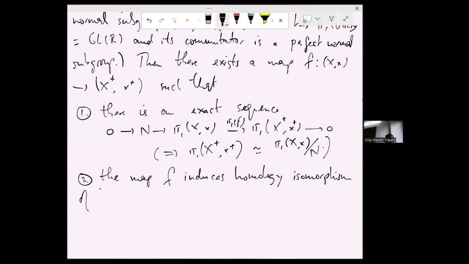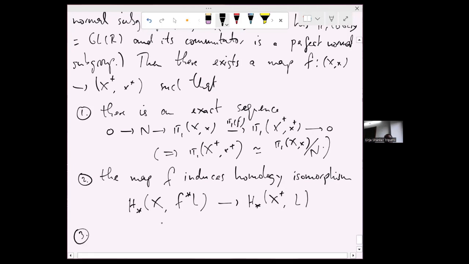So maybe I can write like this: H star of X with, taking any local system, it will go the other way. So if you start with some local system, you can pull it back to X, and the isomorphism would be like this homology isomorphism. Okay, so we have this homology isomorphism, and then the third one is uniqueness of this space up to homotopy.